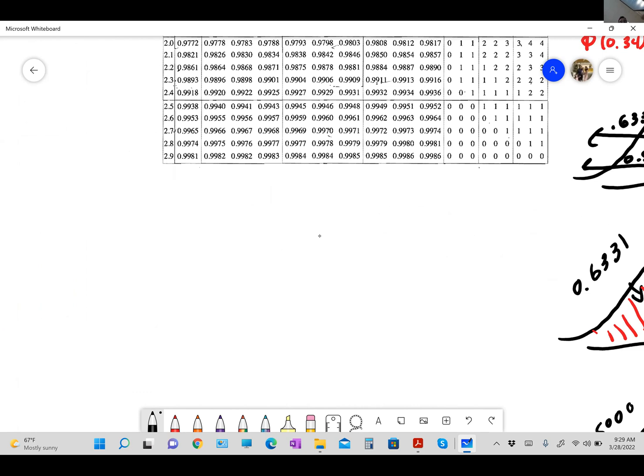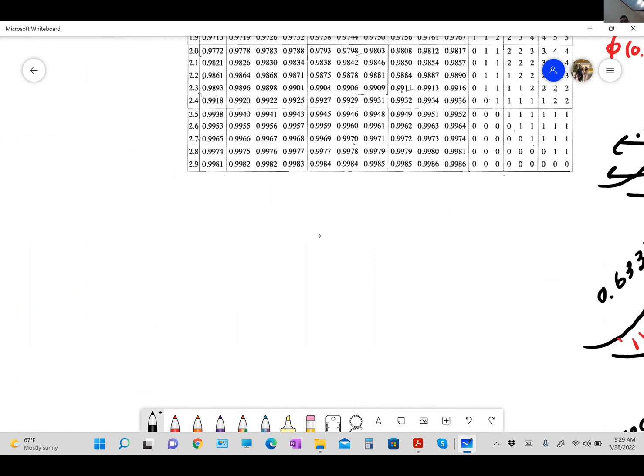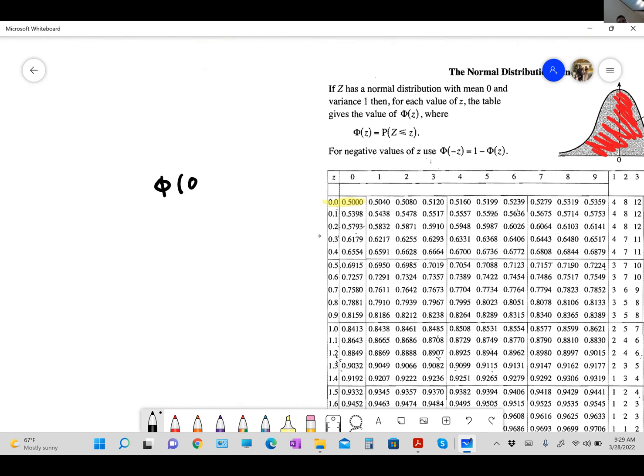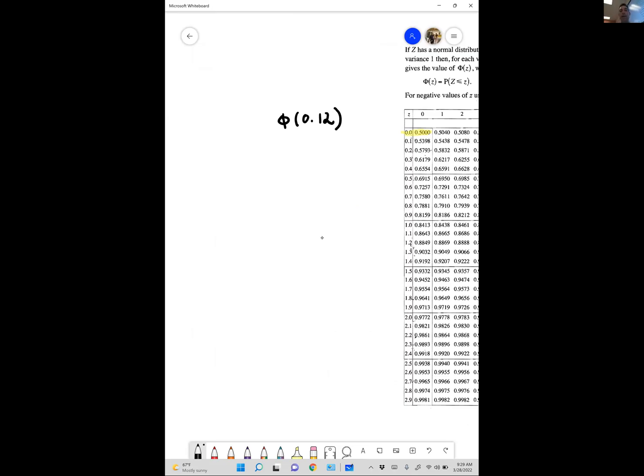All right, so if I asked you for the phi of 0.12, what would you say? It'd be 0.5478. Agreed?